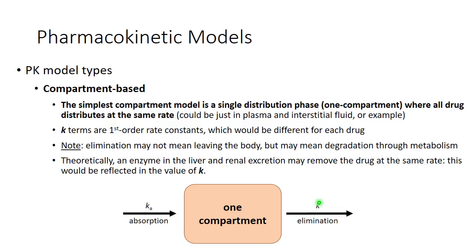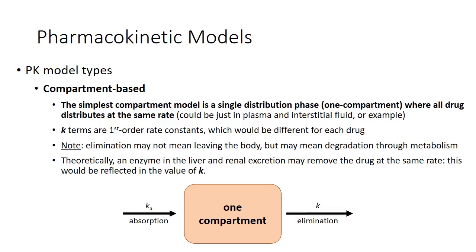And if the K I'm giving you is per hour, that means the fraction eliminated per hour. So you would take the concentration of drug in the plasma, multiply by the KEL, and that would tell you how much is going to be eliminated, or the rate at which it is going to be eliminated in that given moment of time. Now the K's do not change, but the concentrations in the compartments change.